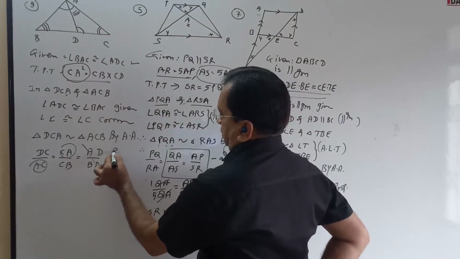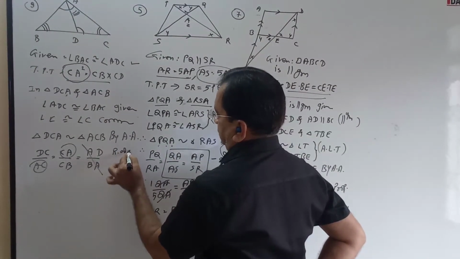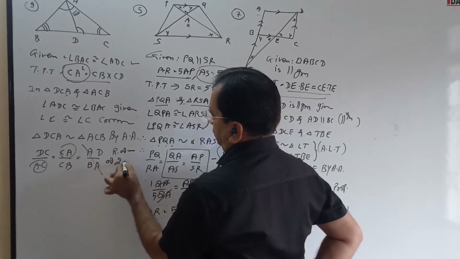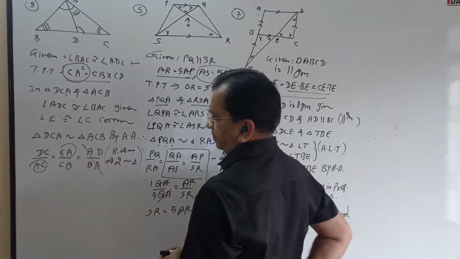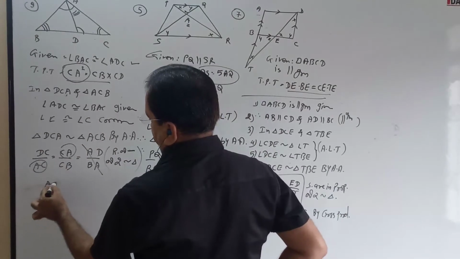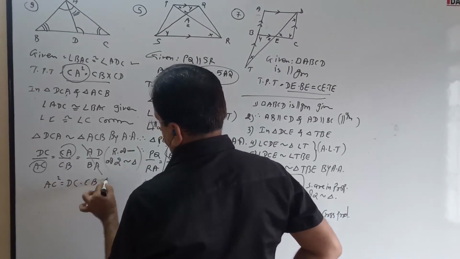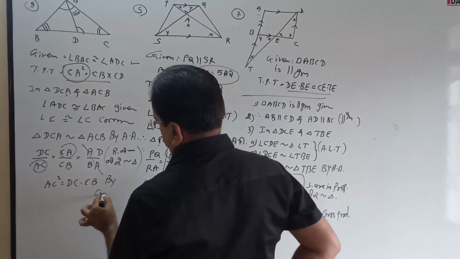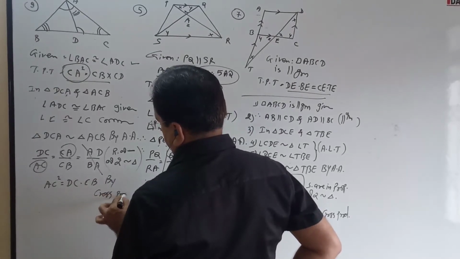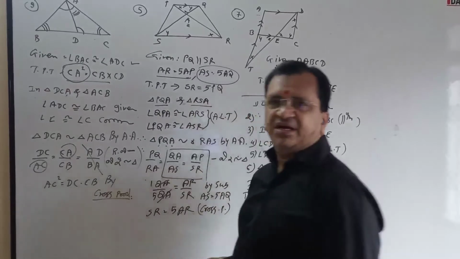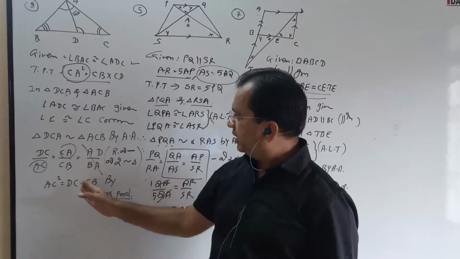So ratio of sides of two similar triangles. So AC square, DC, CB, by cross product. Whatever you want, that you got.